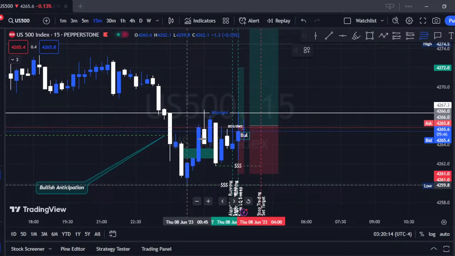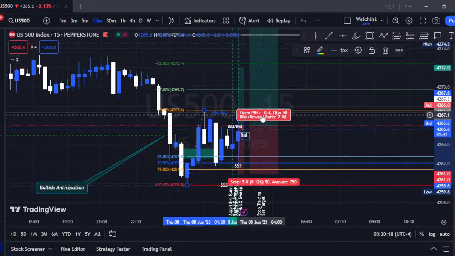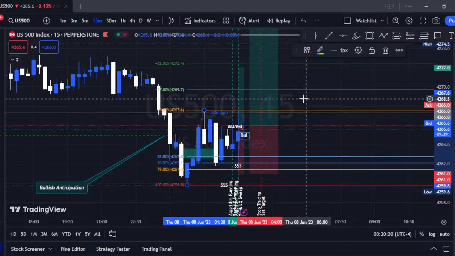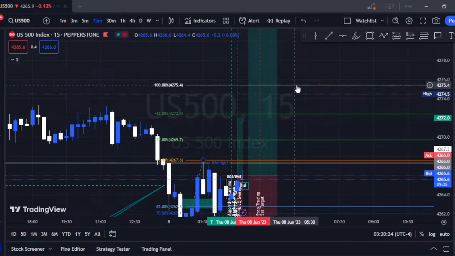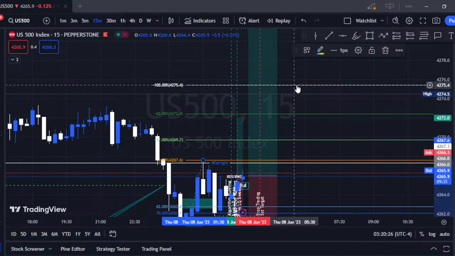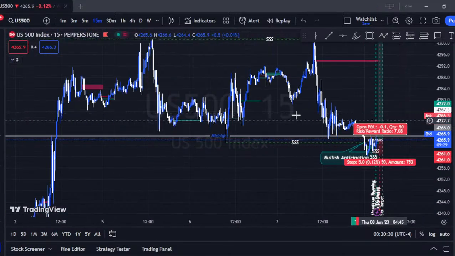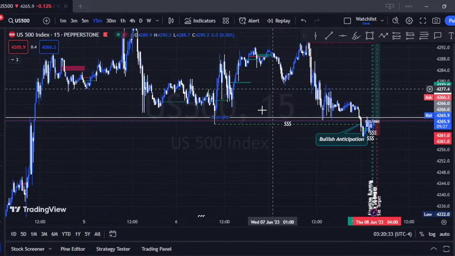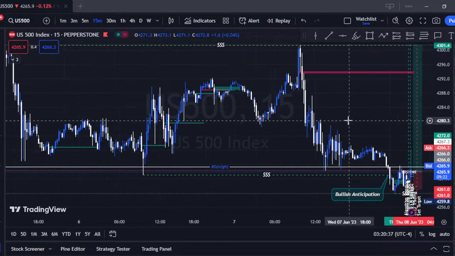For the OTE, the furthest TP is 75, which is not as much as I want to aim for. I will be using this swing right here to mark my OTE.